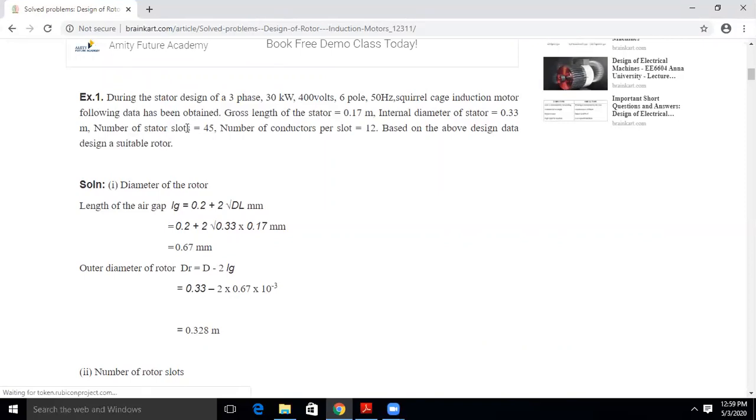One thing we need to remember is that in a squirrel cage induction motor, the rotor design is different from the slip ring induction motor.